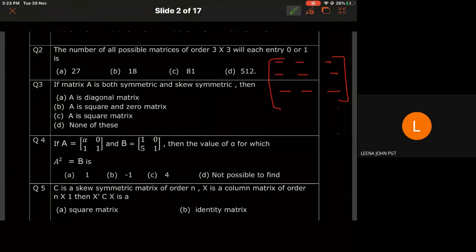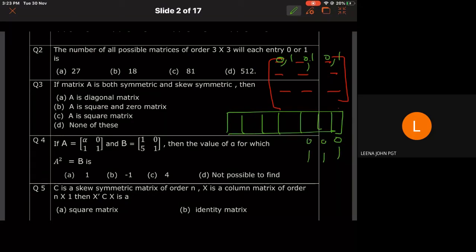That means in this place you can have 0 or 1, and for this place also you can have 0 or 1. There are 9 places like that, and each place can be filled in 2 ways.